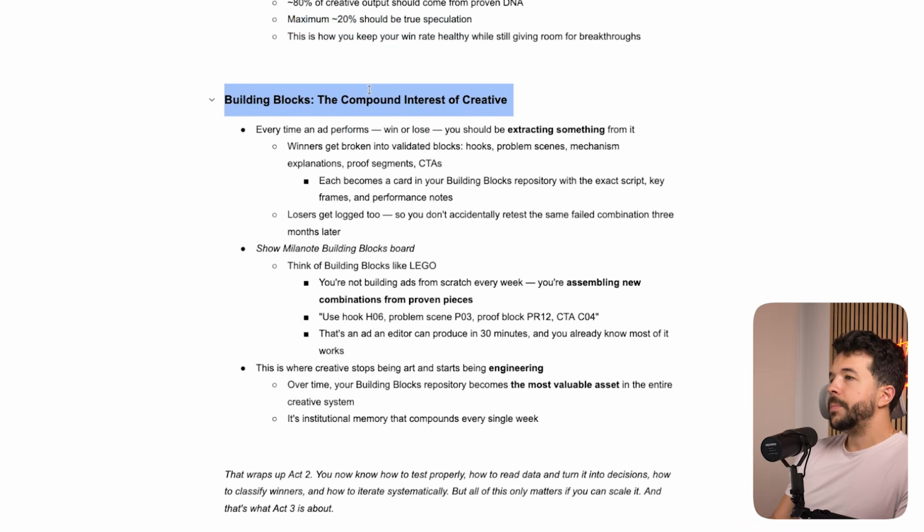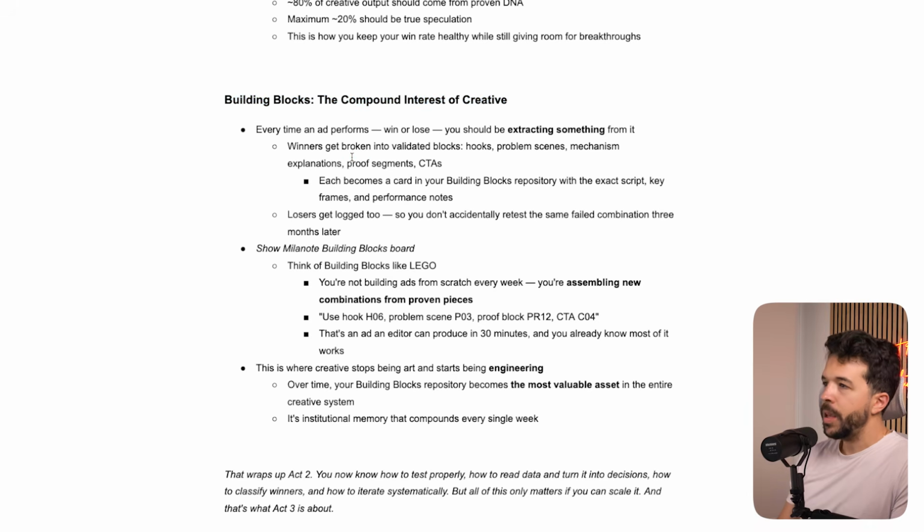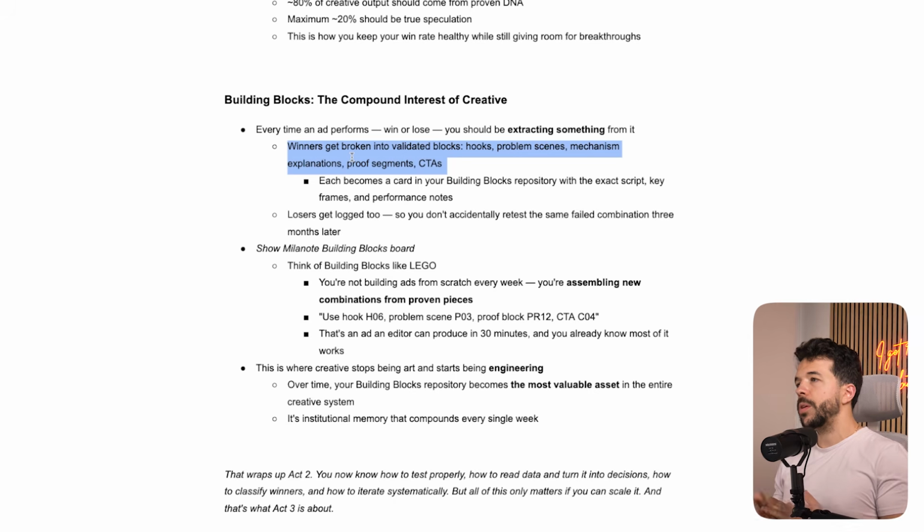Finally, you have the building blocks repository. And this is where the compound interest of creative actually happens. Every time an ad performs, wins or loses, you should be extracting something from it. Winners get broken into validated blocks: hooks, problem scenes, mechanism explanations, proof segments, CTAs.